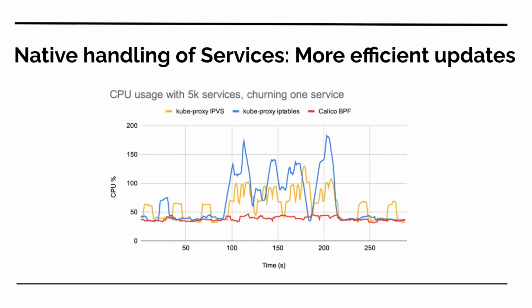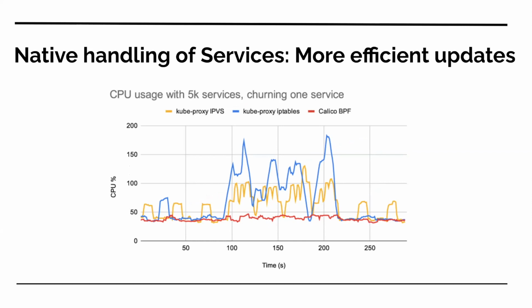Now, native handling of services is also going to provide more efficient updates. We found that our data plane uses a lot less CPU when we're doing updates. This has been a real pain point with kube proxy. When you're churning services, kube proxy in IP tables mode has to load the whole IP table up, modify it, and send it back down again.